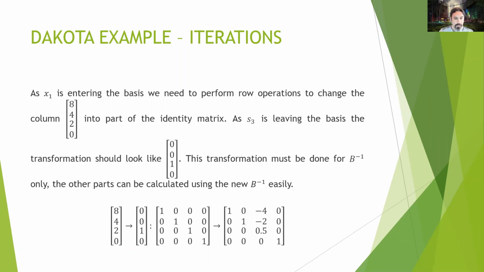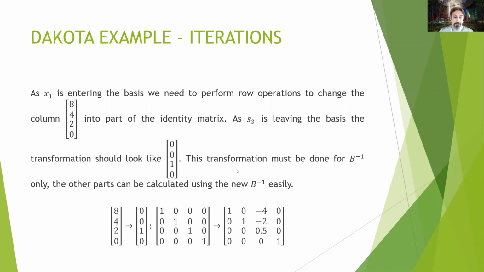Remember that one. And this one needs to be 1 because we are replacing the third constraint's basic variable. So this part will become 1 and the others will become 0. And while doing that, we can change the B inverse as well. We don't need to calculate it from scratch. We can do that, but it would take a lot of time if I did it every time.